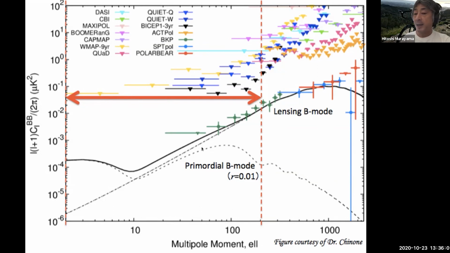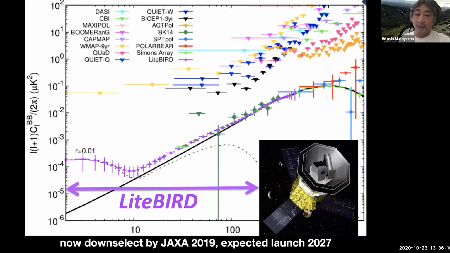And that's how they believe they can achieve the kind of confidence in measuring the lensing B-mode spectrum all the way as a function of L, from small L to very large L. And this is the current data set. But in the future, with experiments like LiteBIRD, they're expecting these small error bars.